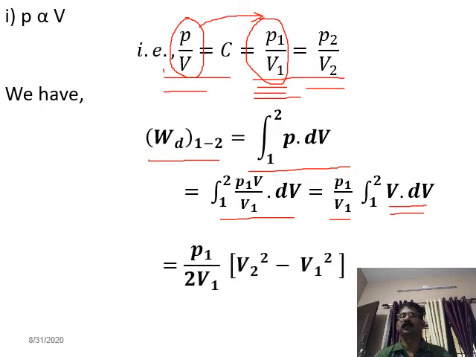So you will get P1 by V1 into 1 by 2. Integration of V is nothing but V square by 2, so that 2 comes in the denominator.